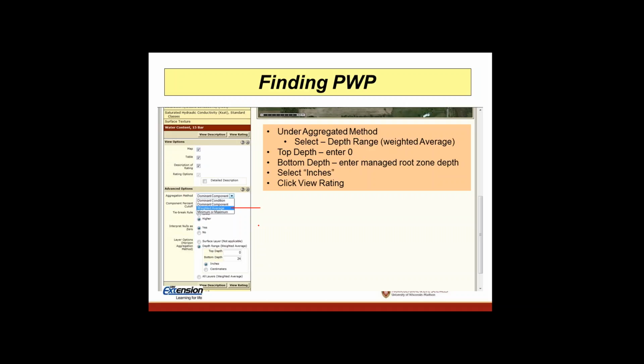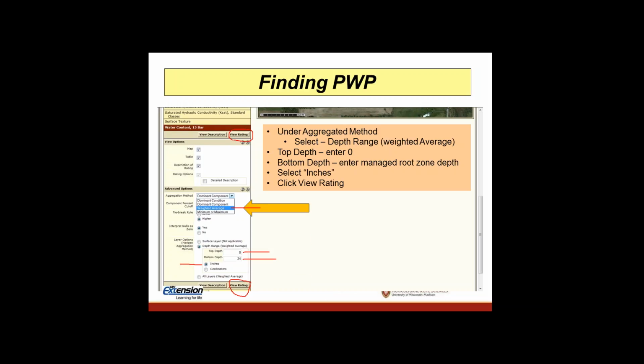for the aggregate method. We want the top depth to be 0 because that's where we're planting the seed. And the bottom depth is going to be our root zone depth, or whatever we're managing it to. I need to click inches here. It defaults to centimeters. And then I can click the view rating button either there or down here.